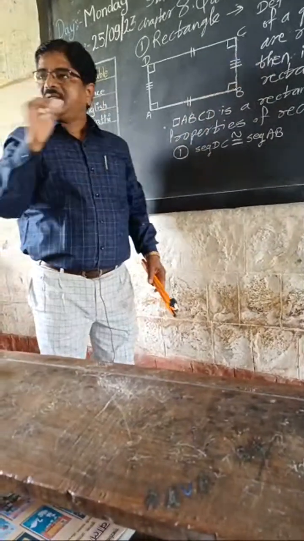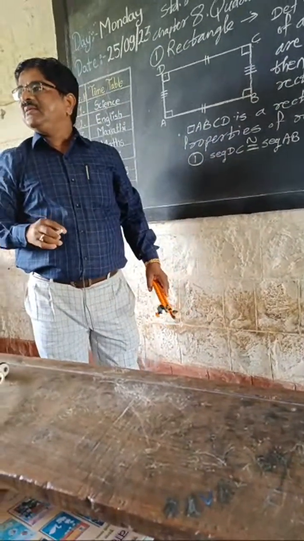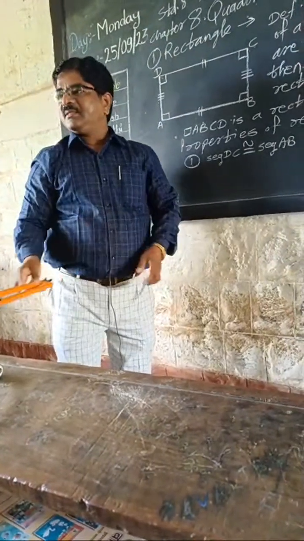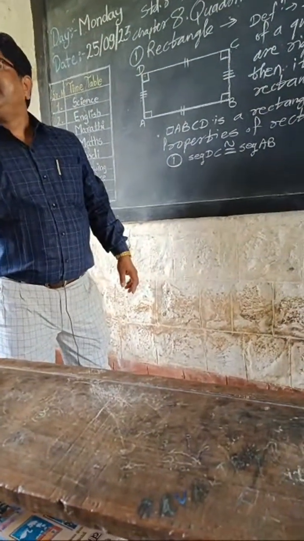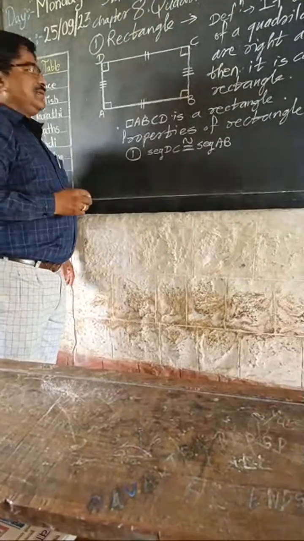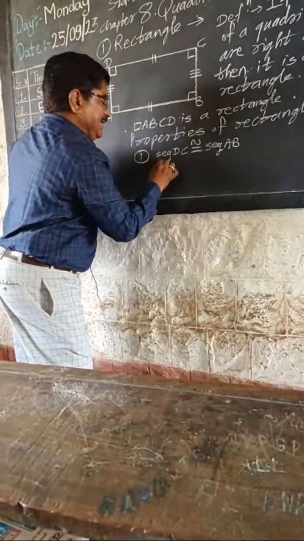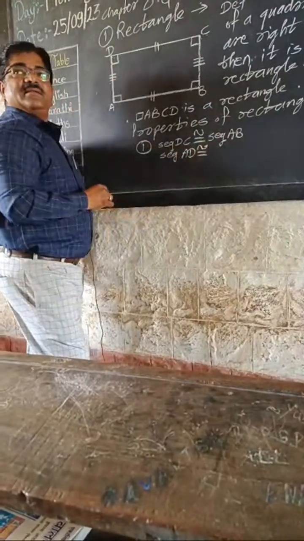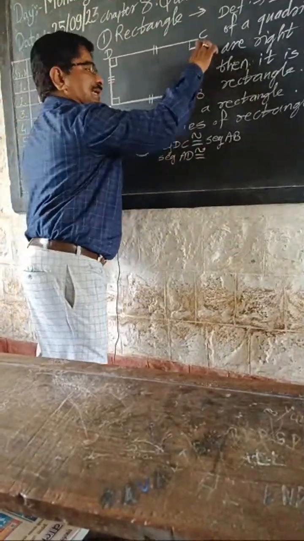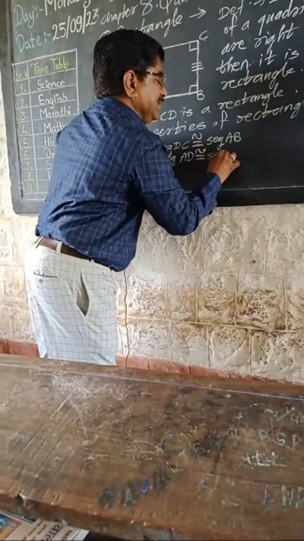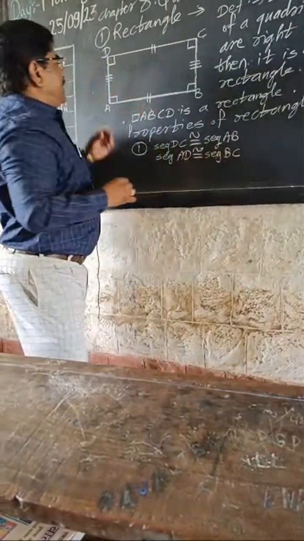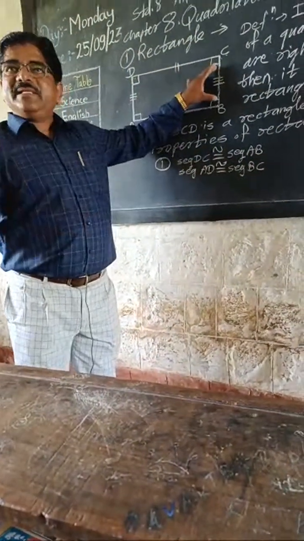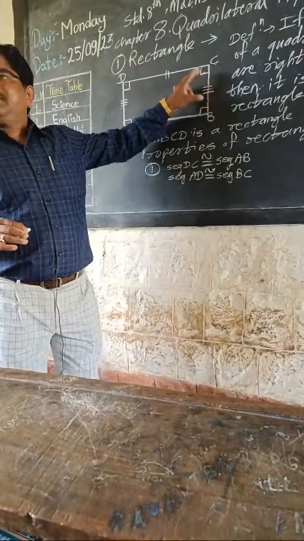Which sides are congruent? Segment AD is congruent to segment BC. Correct. Segment AD and segment BC are congruent.